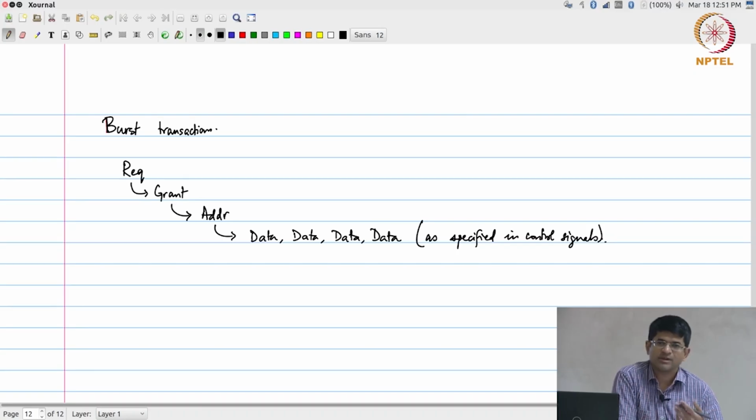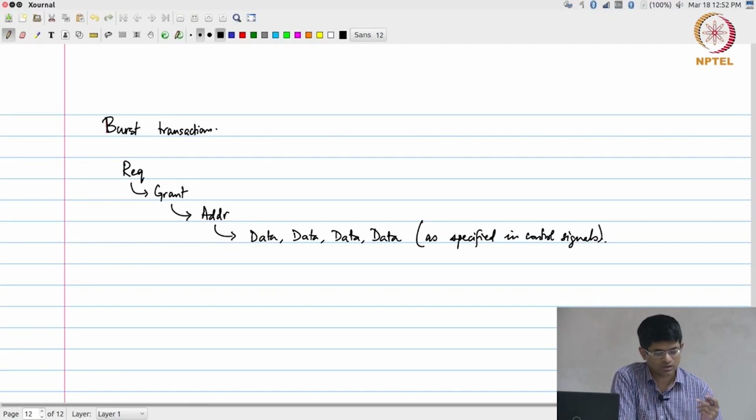I could go further, maybe make it 8 accesses, maybe make it 16, I could keep increasing that number. The point is, after a while it becomes counterproductive, because I am not always trying to read bursts of data, right? So, I do not want to unnecessarily provide for very huge bursts. I would much rather have some reasonable size bursts, let us say up to 16 values or something of that sort, and then if necessary, take that additional overhead of again request grant after that.